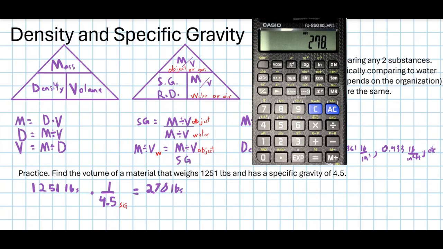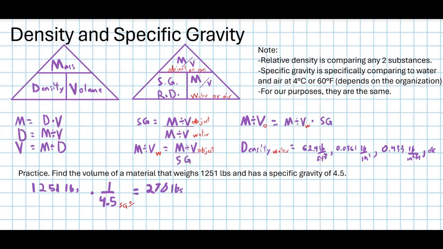We did the specific gravity of our object divided by water, so now I know that this mass is for water, just like our starting mass was for our object. So now that I know the mass of the water, I can take this mass and apply it to the density formulas.